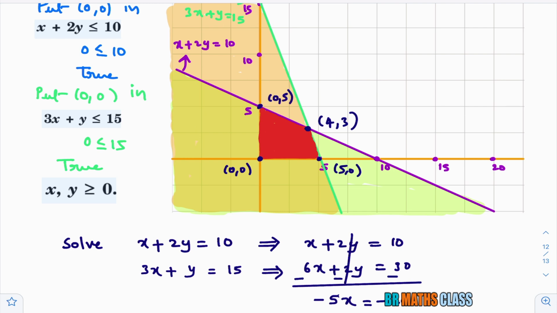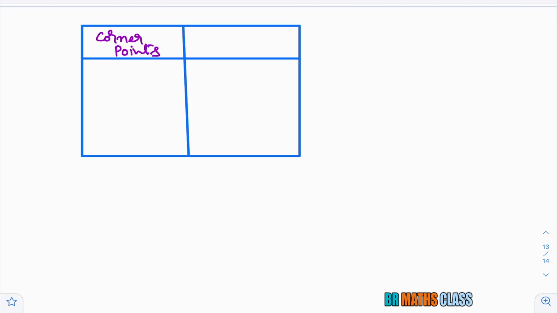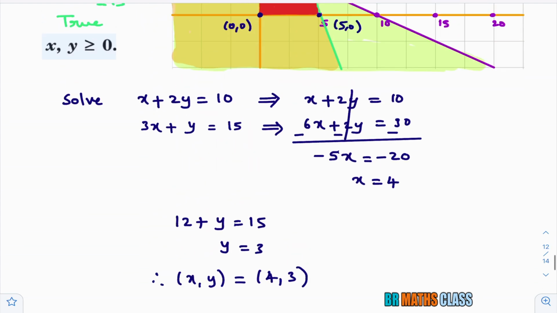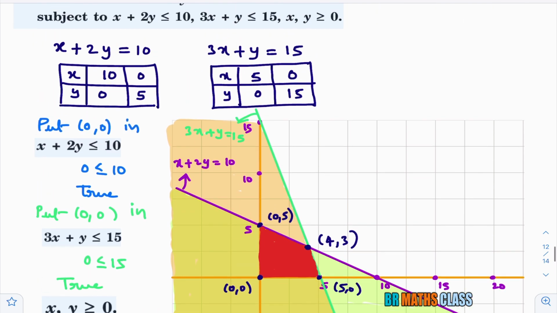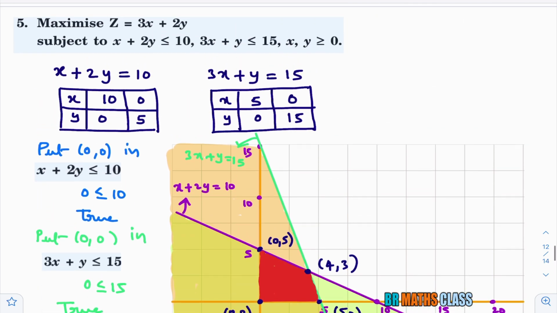Now you form a table. We got total 4 corner points. One is 0 comma 0, another one is 5 comma 0, another one is 0 comma 5. At last we got 4 comma 3. Substitute all these corner points in the given objective function. What is the given objective function? Given objective function is 3x plus 2y.